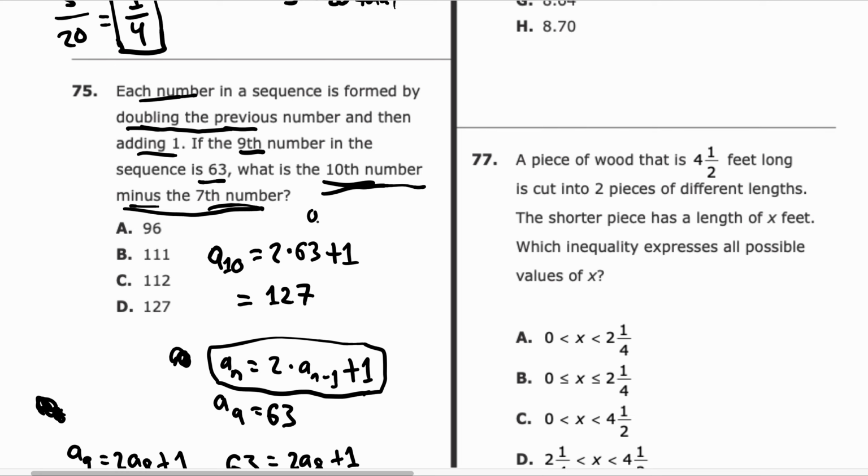So basically A10 minus A7. So that would just be 127 minus 15, which would just be 112. So that would be answer choice C.